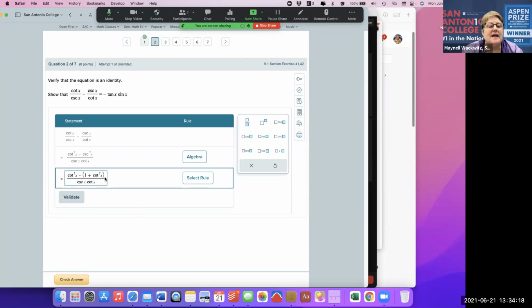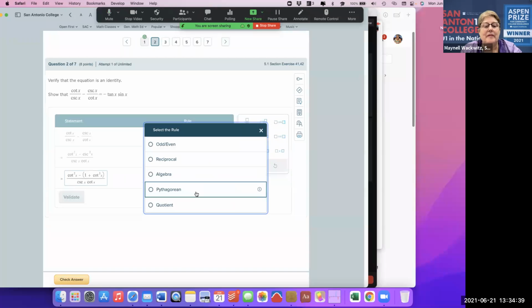And now notice that I cannot combine the cotangent squared x's. I can't do algebra at the same time as I'm doing trig. If we tried that, it would say you're wrong, which is very frustrating because you're not wrong. You just skipped a step. So what rule did we just use? That would be. I agree.